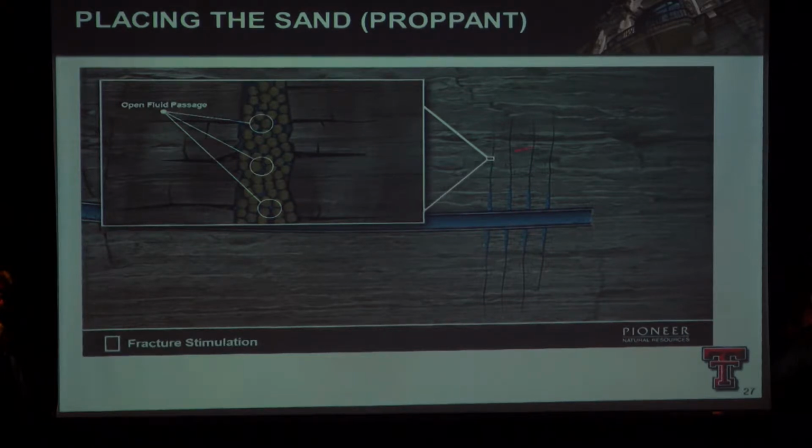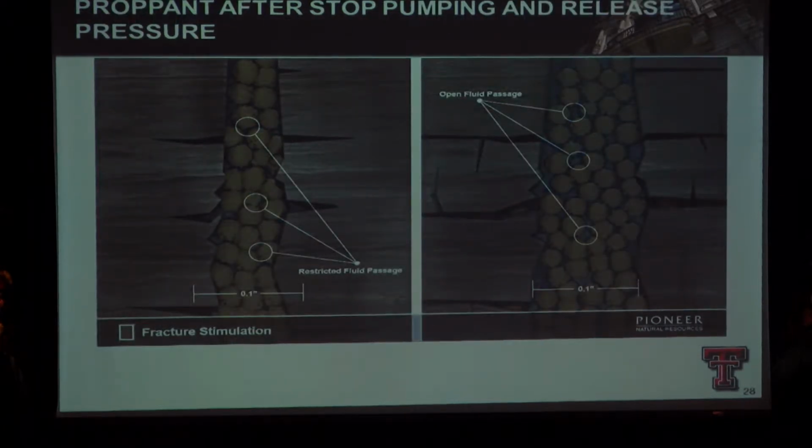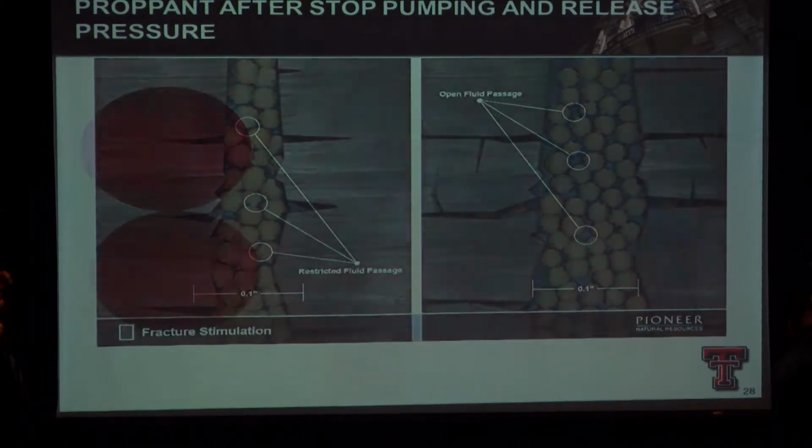This is a blow up of this zone here. So you can see where we've placed these sand particles. And then once we release the pressure and quit pumping, this fracture here that you can see that's 0.1 inches closes. So the fracture closes on top of the sand. The sand keeps the fracture from totally closing together.